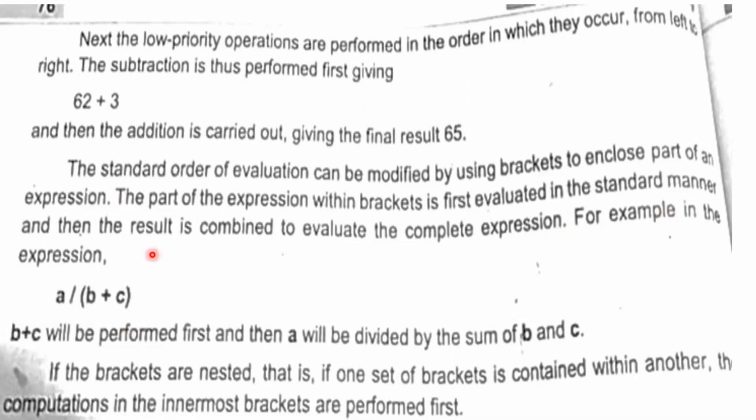If such a situation comes, first we will solve the brackets, and then the result is combined to evaluate the complete expression. Look, A divided by B plus C: first we will solve B plus C, and then A is divided by it. B plus C will be performed first, then A will be divided by the sum of B plus C.